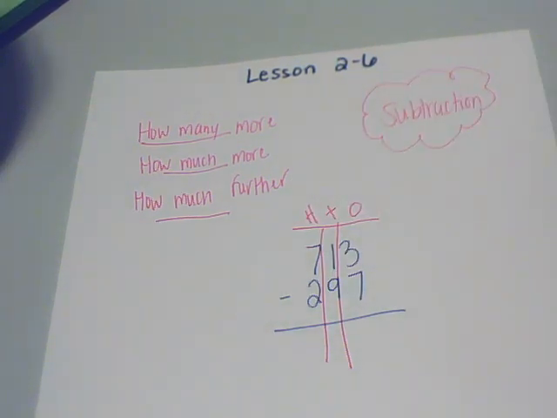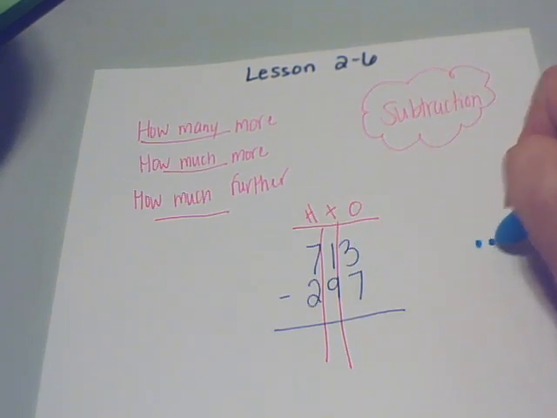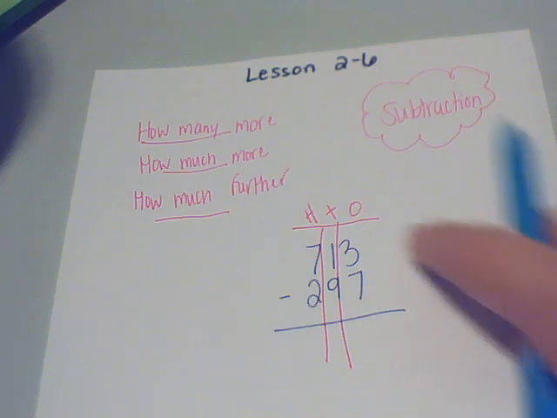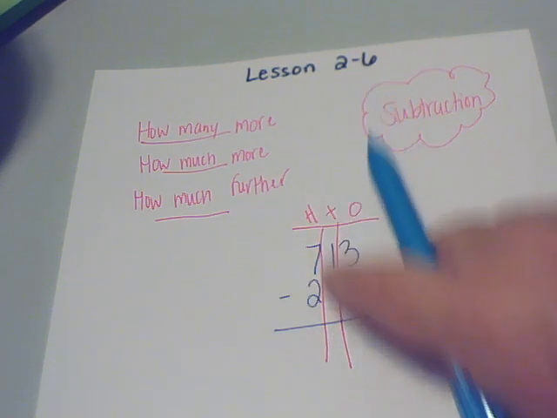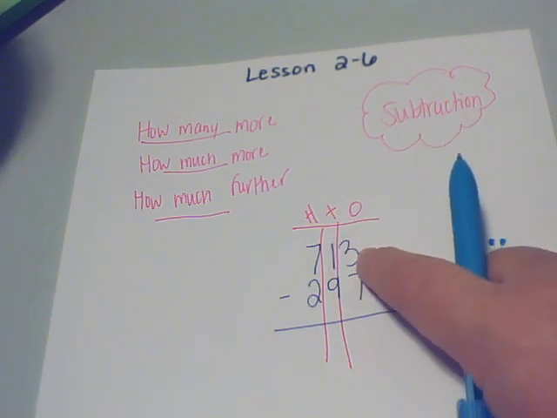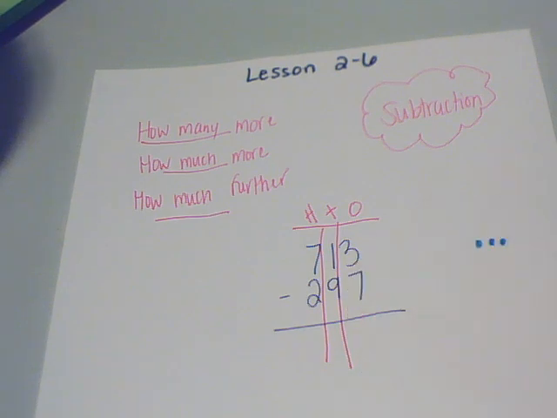So if I look here on my place value chart, I have 3 ones. 1, 2, 3. I need to take 7 away. But I only have 3. I can't take 7 away. So I need to take a 10 from my tens place value to help me. If I take a 10, this 3 ones is going to turn into 13, right?